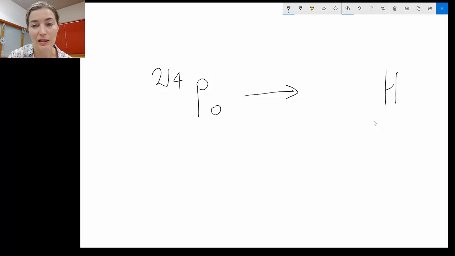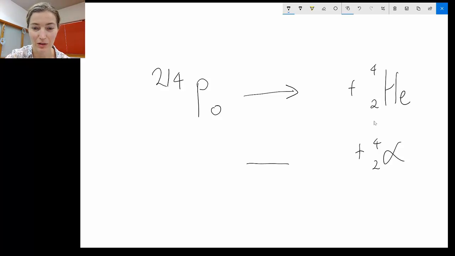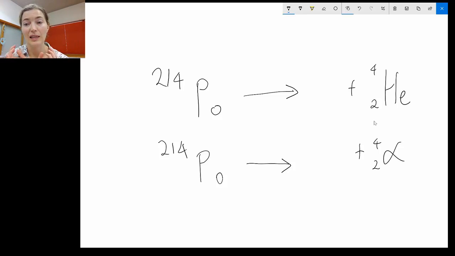We could either write it like this, helium-4, 2, or we can write it like this, alpha-4, 2. Both are correct. So I'll write both at the same time. So it's the same situation. I'm just saying this is alpha on this side, and it also could be represented as helium.